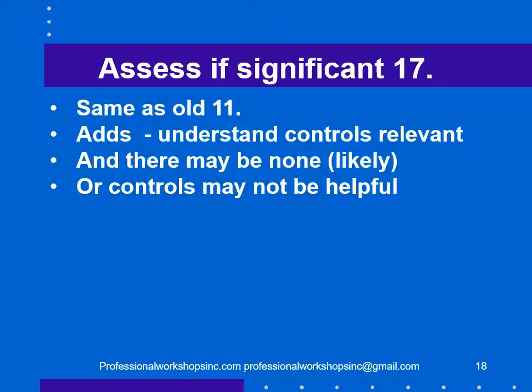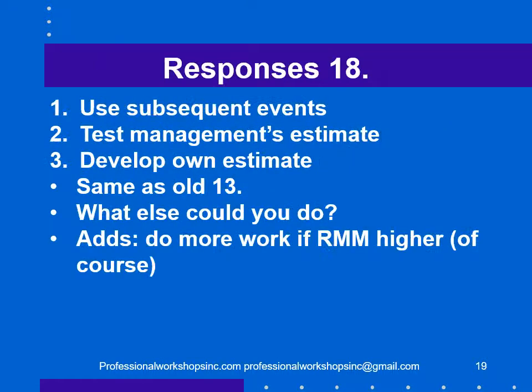Or if there are controls, they may be that somebody did the estimate and somebody approved it. That's not the kind of control, if risk of material misstatement was significant, that I would really want to draw a lot of evidence from. So there may be no controls, or if there are, they may not be something that we can use to turn into audit evidence.